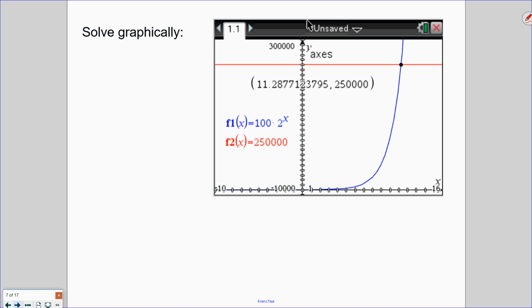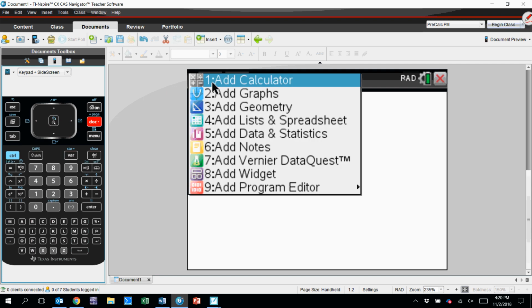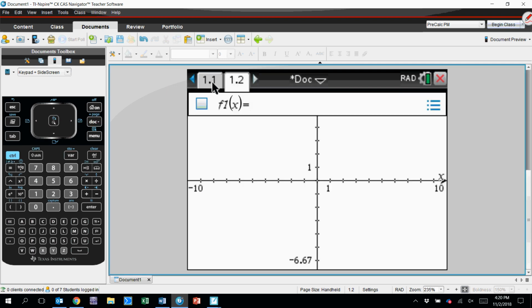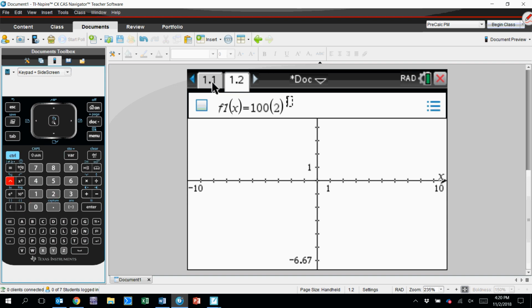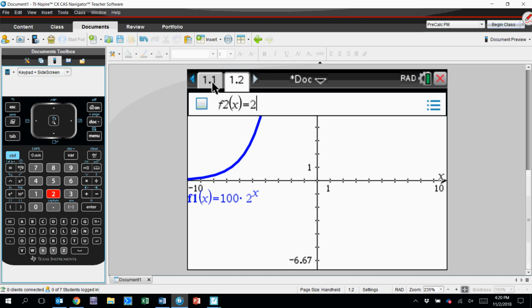Now another way to solve it would be to solve it graphically. So we'll go ahead and do this on the calculator, but that's what you're going to end up with so that you can see what you get there. So we're going to add a graph page, and then we're going to graph both functions. So first I'm going to graph 100 times 2 to the x, and then I need to graph 250,000, because that's what I want to see the intersection on.